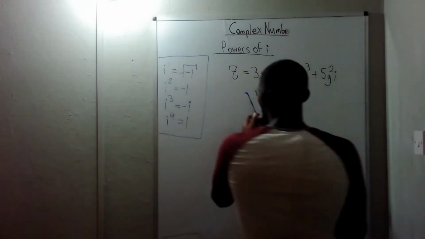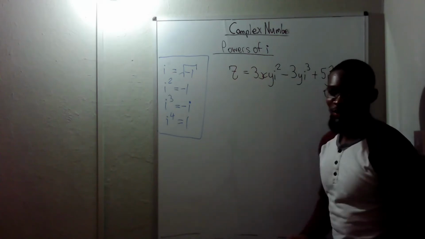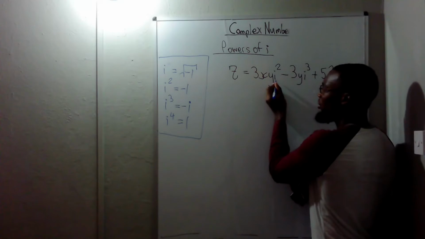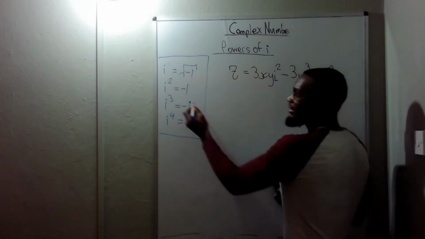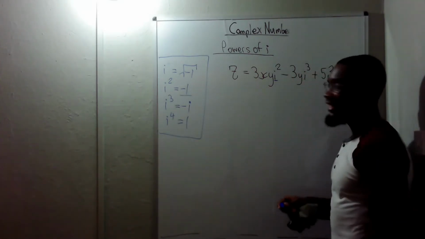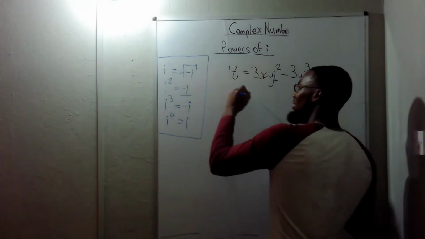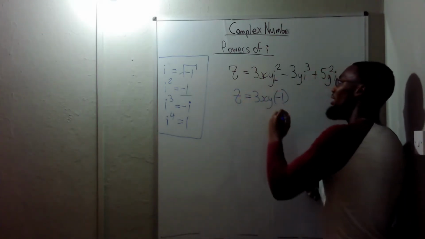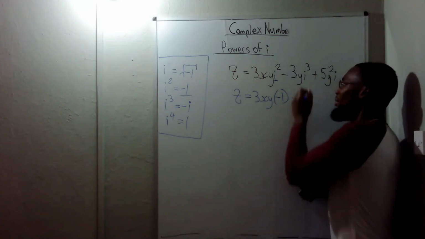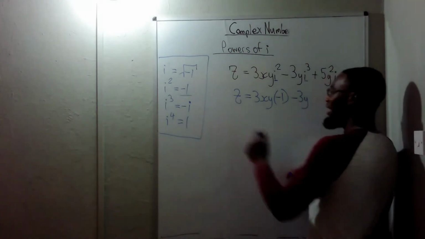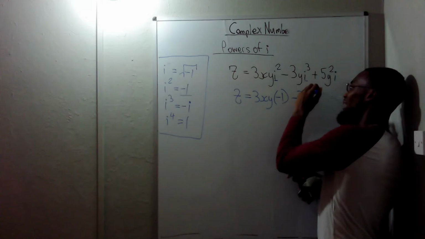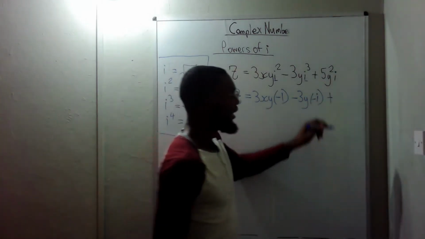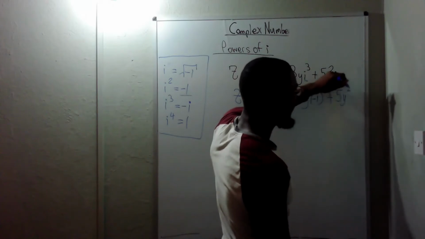Alright. Now let's go ahead and try this. We're going to write down the real part. First thing, we need to remember that i squared is negative 1. So z is 3xy multiplied by negative 1, minus 3y, but i cubed is minus i, so that's minus minus i, plus 5y squared i.